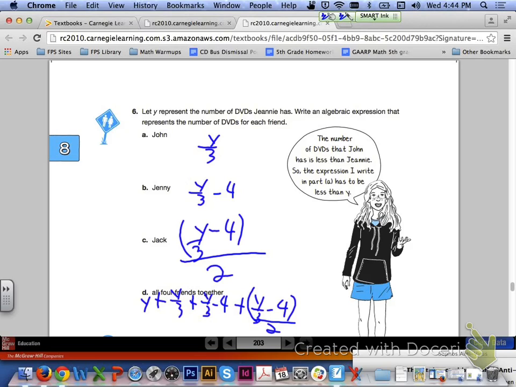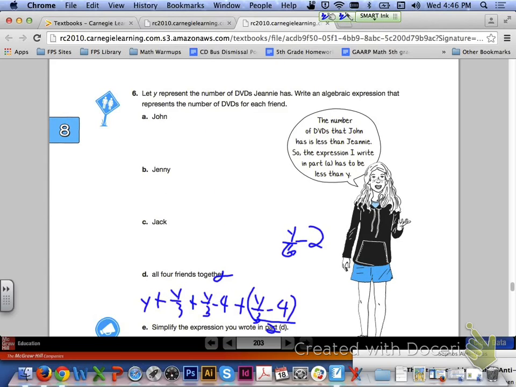If you split a third in half, it becomes a sixth. So that's going to be equal to Y over 6 minus, and then 4 divided by 2, if we distribute that, would be 2. Now this is the distributive property of division over subtraction.